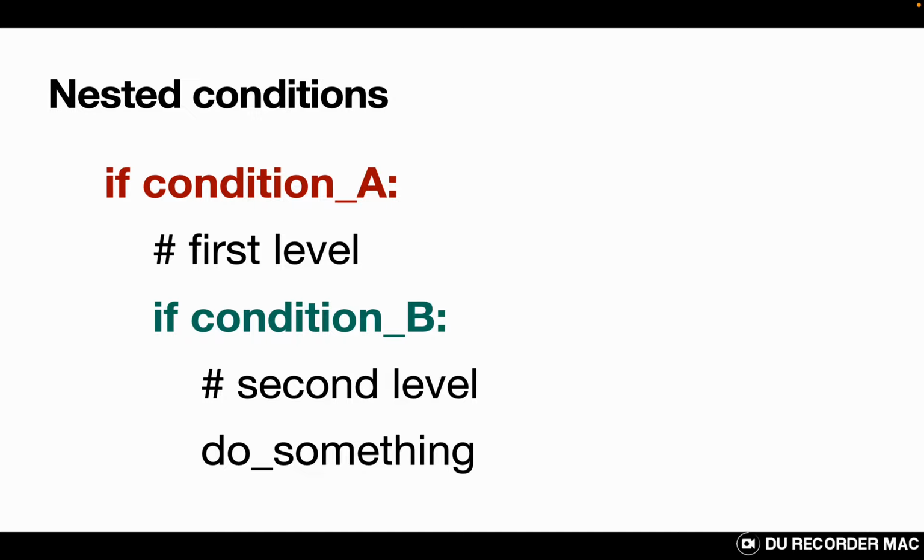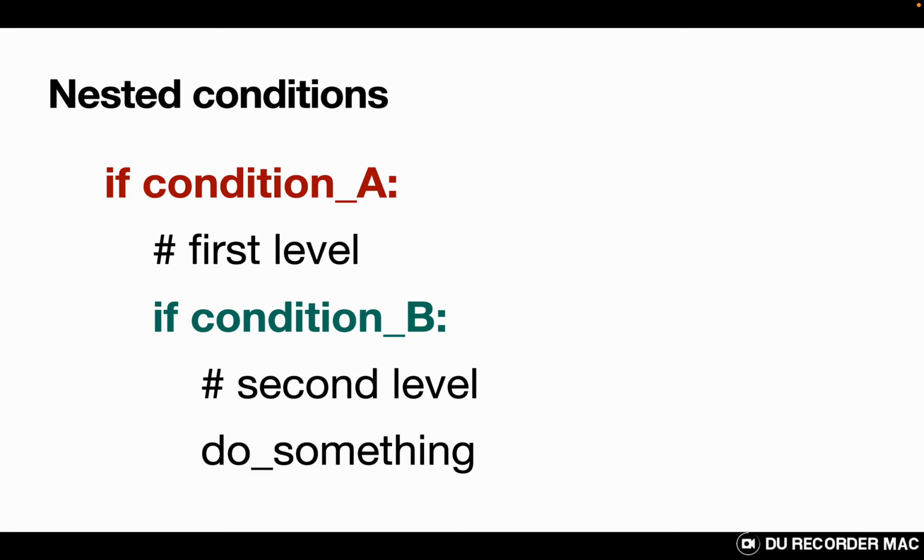Only if the answer is yes, do we move to the next question: do I have an umbrella? Python handles this type of logic naturally, thanks to nested if statements.